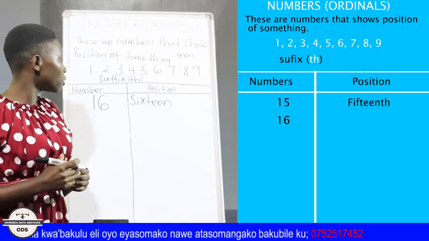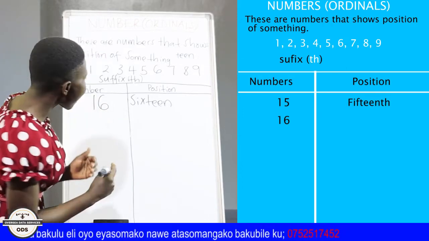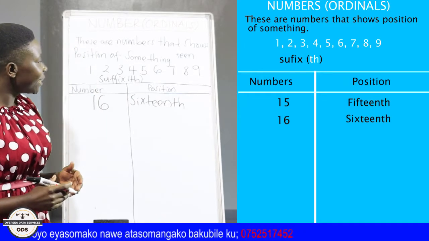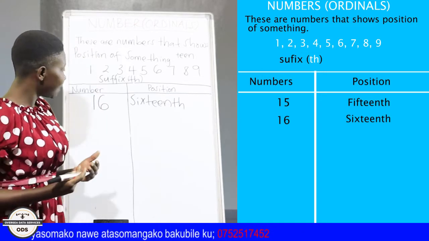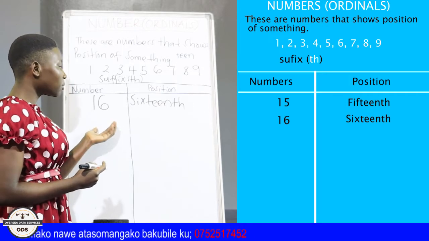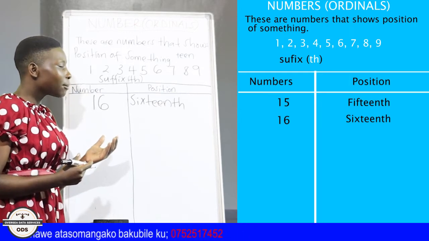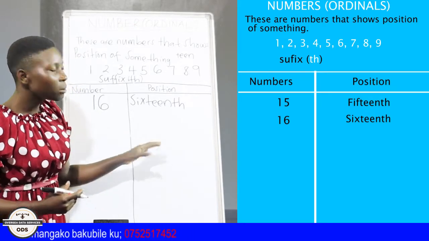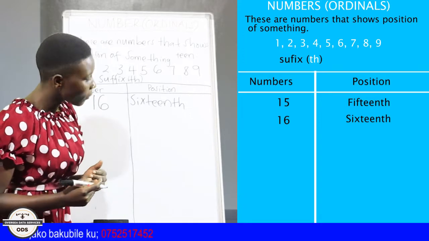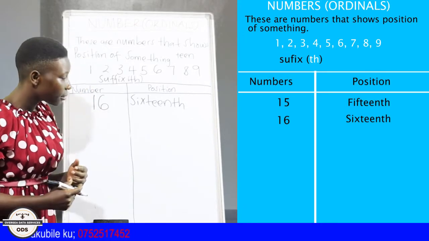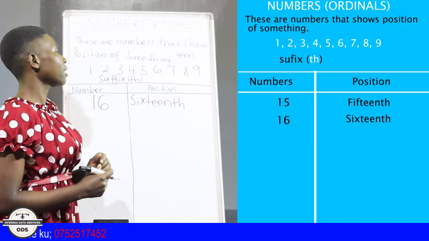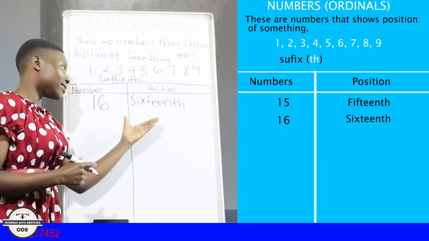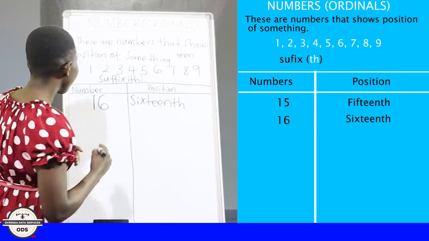Now we are going to position it. Simply add the suffix TH. At first we were pronouncing this one as 16, but when we add TH, the pronunciation changes to 16th. Okay? 16th. That's how we pronounce this word. Let us continue and we see.